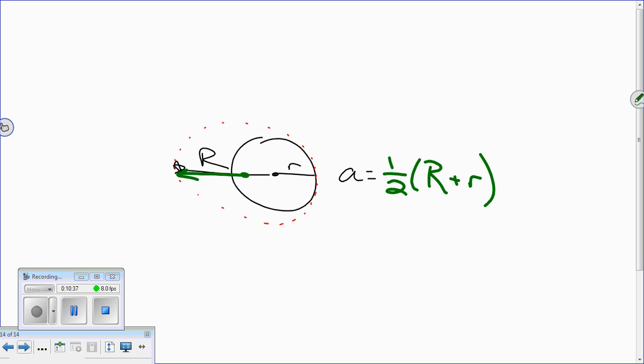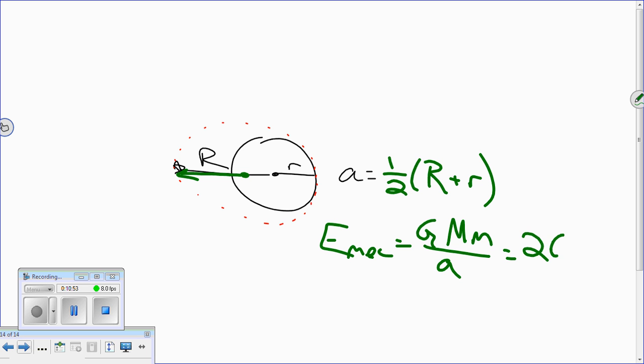Okay, well remember, that determines our mechanical energy, right? So that means that our E is GMm over A, where A is this mess, right? So that's 2GMm over r plus R. All right, is everybody okay up to there?